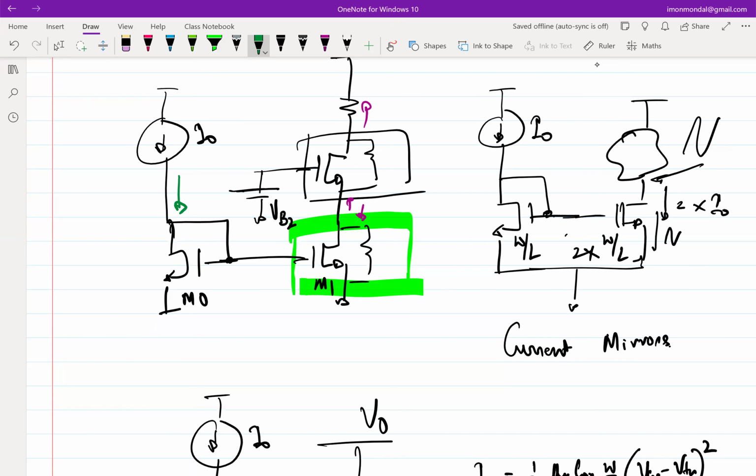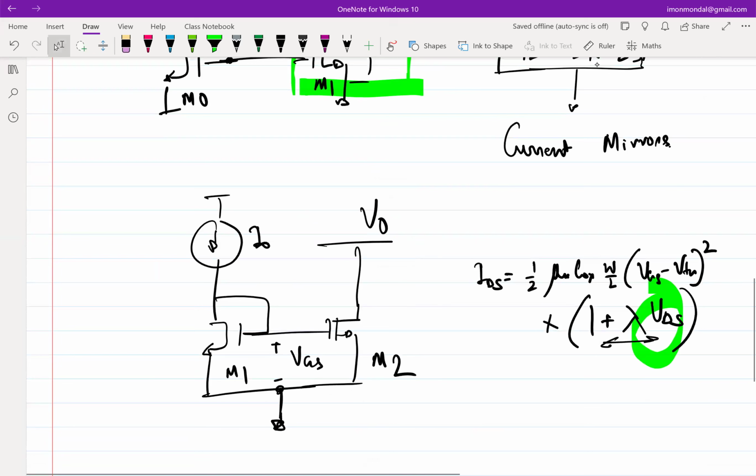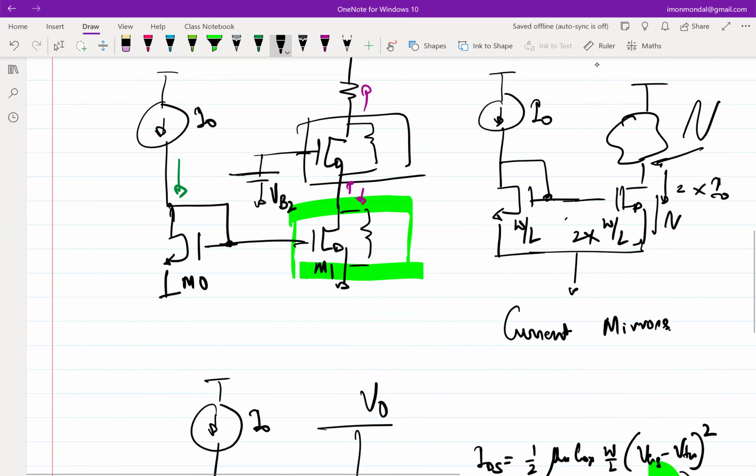No, it doesn't, because again, it's in series. It has to flow. But then something has to change. What changes? VGS changes, right? So let's consider this. Let me name it identically as the top circuit, otherwise I'll get confused.